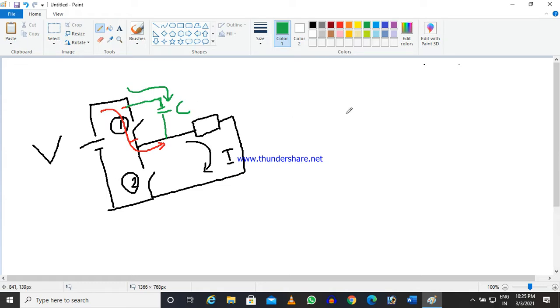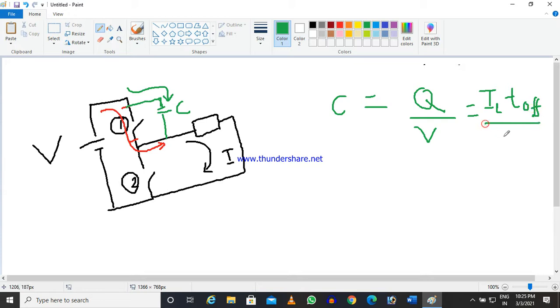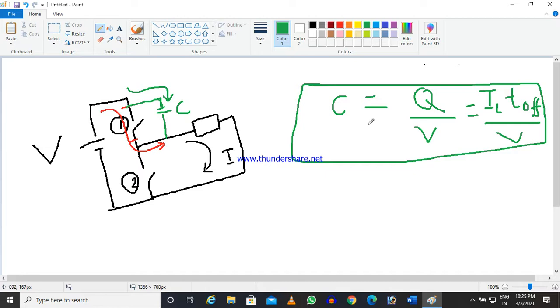Now how to find out the sizing of the capacitor? C is equal to what? Basically this is charge by voltage. This is the DC voltage, and charge is equal to current into time. So this is I load into T off of the transistor or IGBT, divided by V. Using this formula, you can simply find out the snubber capacitor.